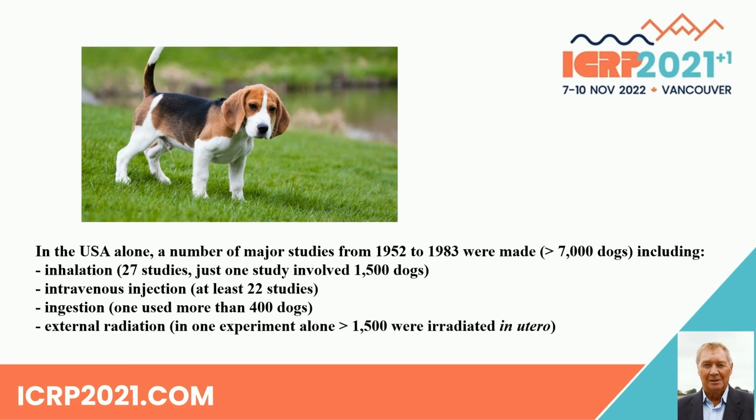Large numbers were exposed to cobalt-60 and X-rays at dose rates from a few milligray per day to several gray under different exposure regimes. One large-scale study involved more than 1,500 dogs exposed in utero, exposure terminating at various ages up to a year post-conception. The occurrence of various cancers were then recorded later in life.